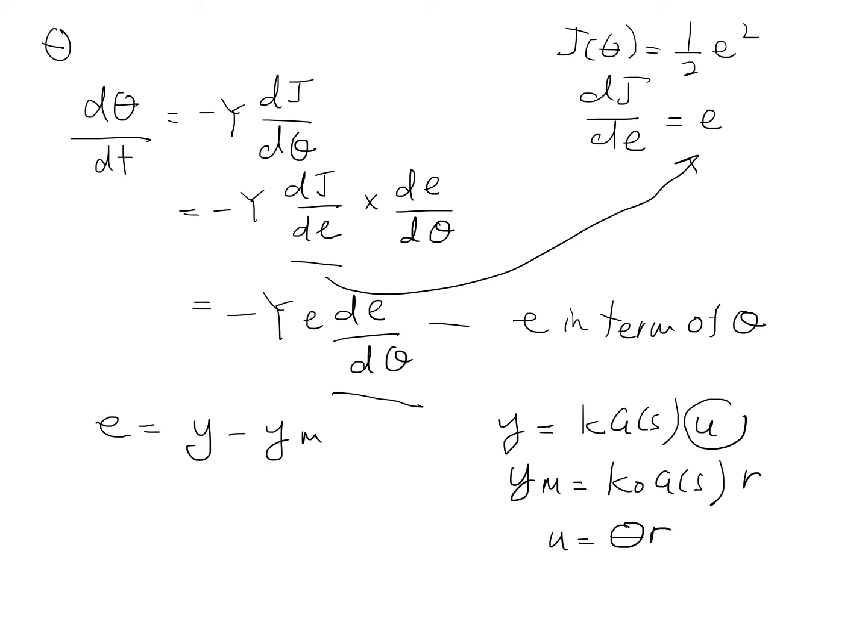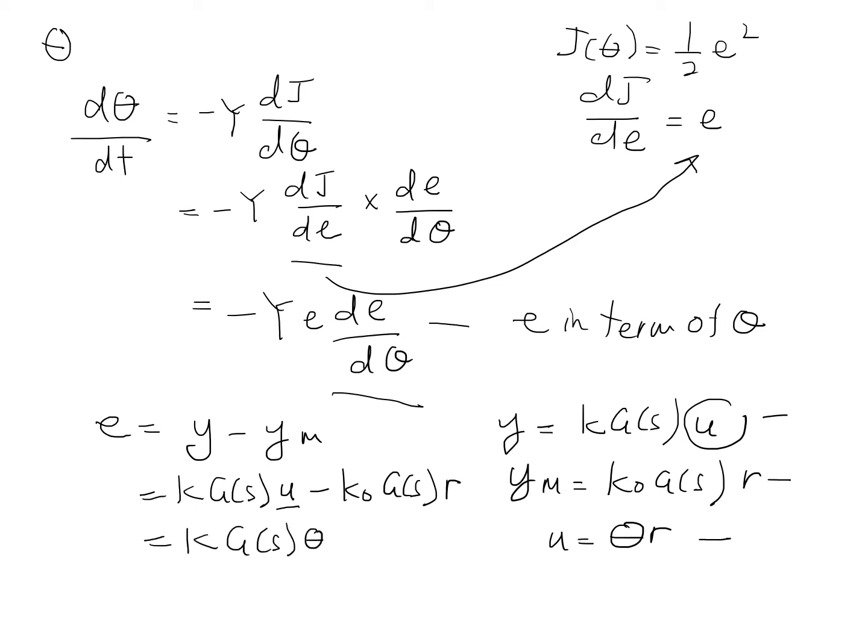Substituting all of these into e equal to y minus ym, we get kG(s) theta r minus k naught G(s) r.